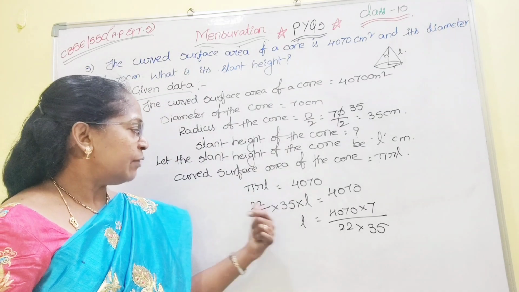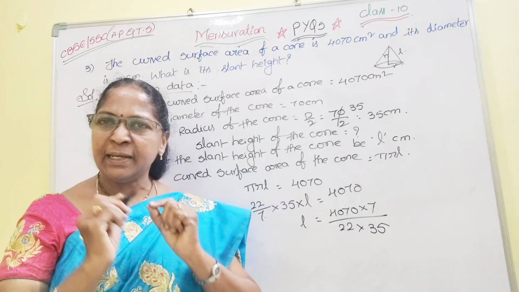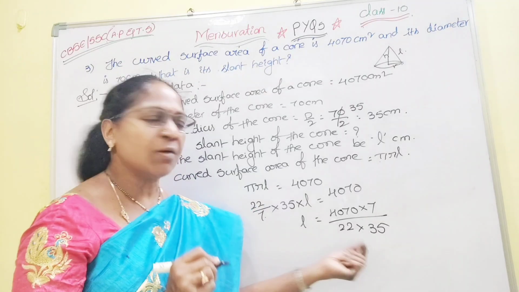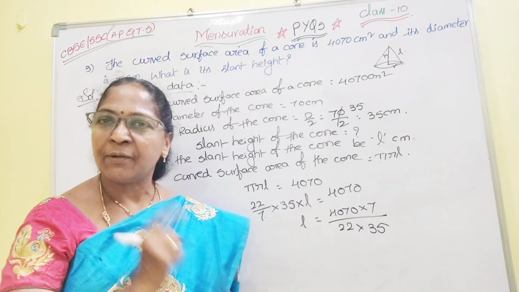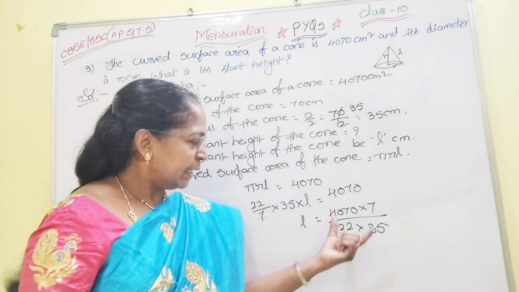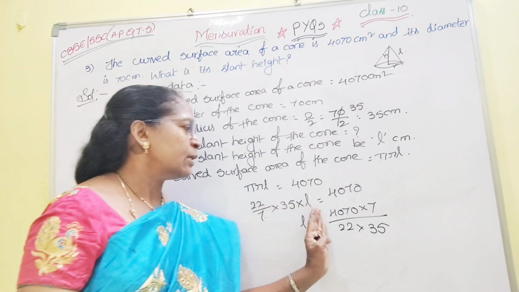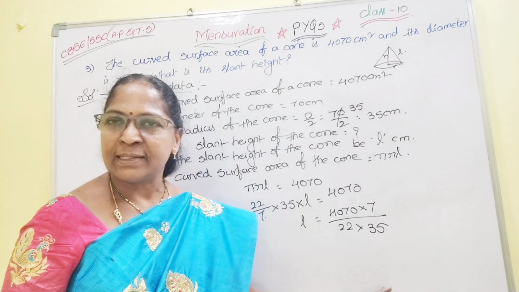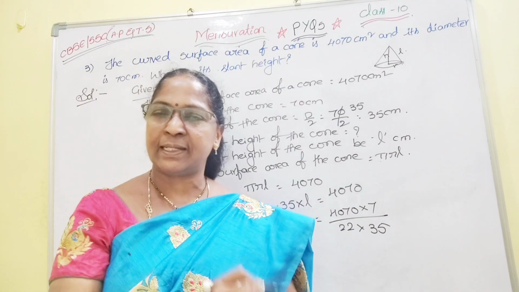22 into 35. These two are numerator values. You have to write down, what is the main basic concept? Key concept in this chapter, entire chapter. One thing you have to remember. In many of the calculations, don't multiply the numerators and denominators individually. Don't multiply. That is a blunder mistake.